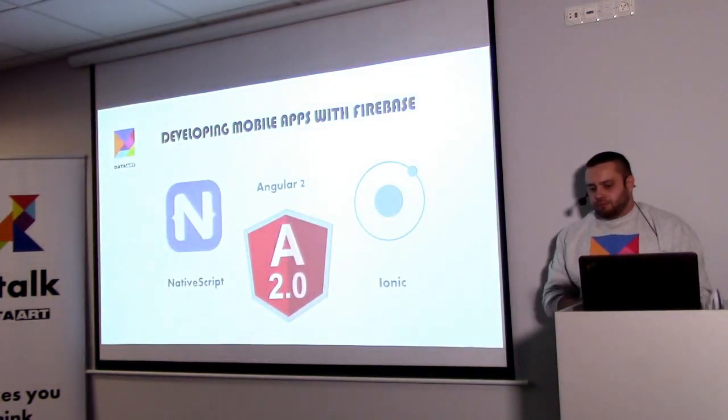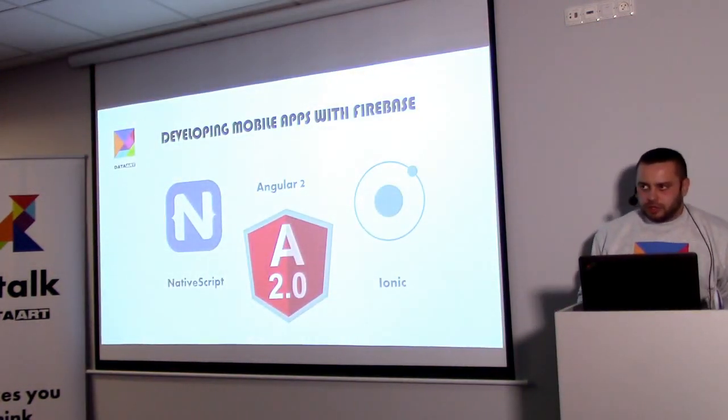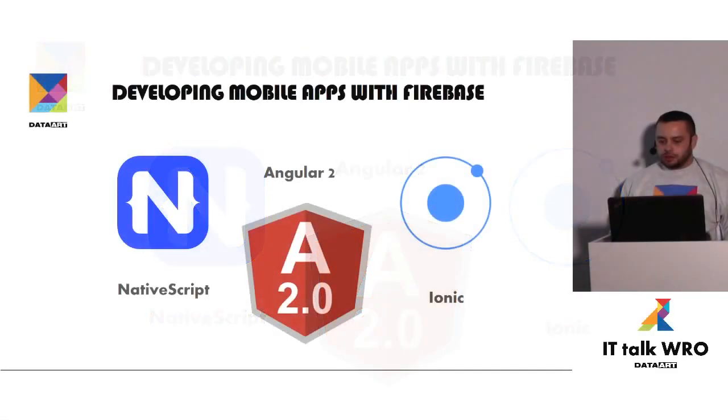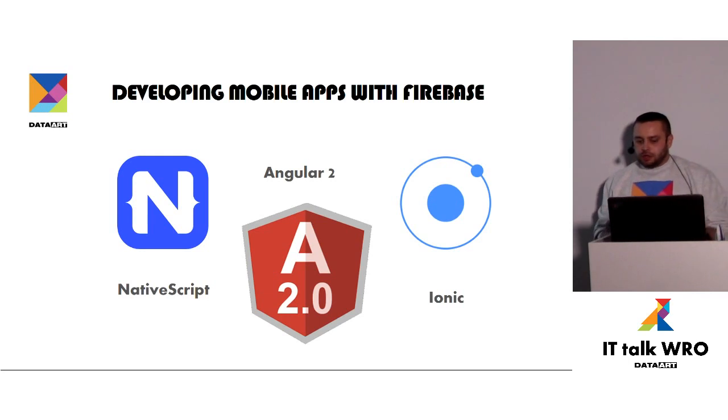I'm a bit of a geek about newer technologies. I don't know if you were at the last IT talk at DataArt. It was about Angular2. After playing around with some of the newest technologies, for example, does anybody know about NativeScript or Ionic?